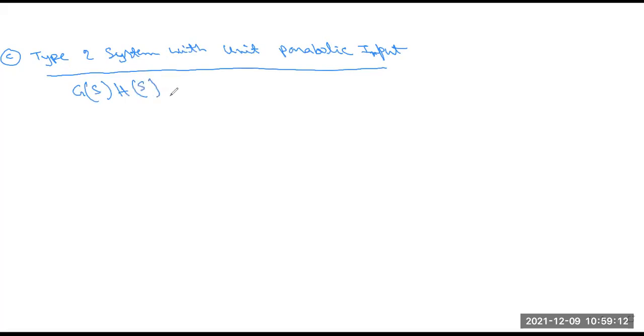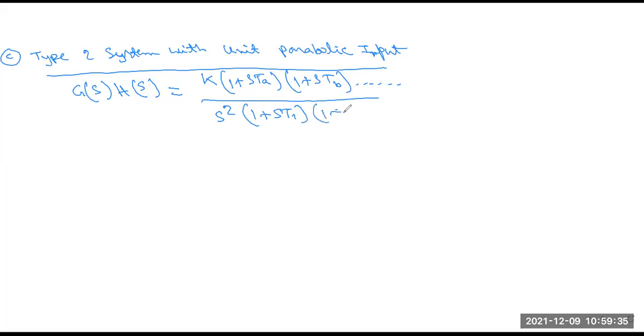The equation is the same G(s)H(s) equals K into (1 plus sTa) into (1 plus sTb) and so on. We know that this is a type 2 system, so s squared into (1 plus sT1) into (1 plus sT2) and so on. These are the zeros of the transfer function.